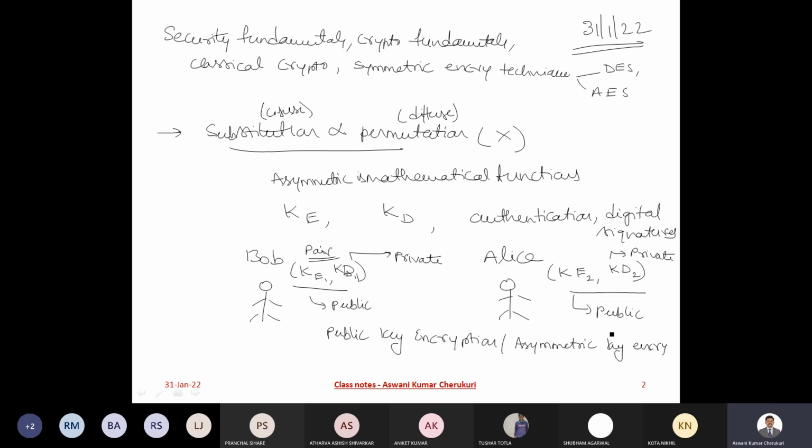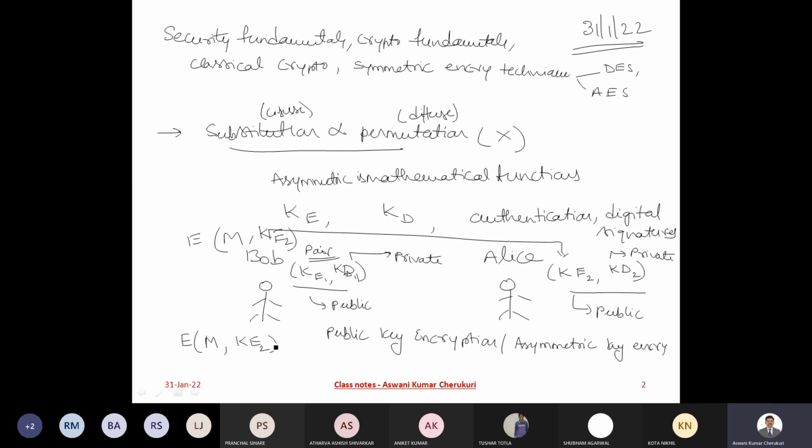Now imagine Bob wants to send a message to Alice in a secret manner. How would Bob send the message? Bob takes a message M and encrypts it with Alice's public key, KE2. I am going to write it here for clarity: E of M comma KE2.